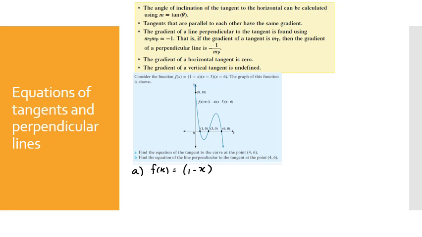We have 1 minus x times x squared minus 9x plus 18. Then expand it out, we have x squared minus x cubed minus 9x plus 9x squared plus 18 minus 18x.